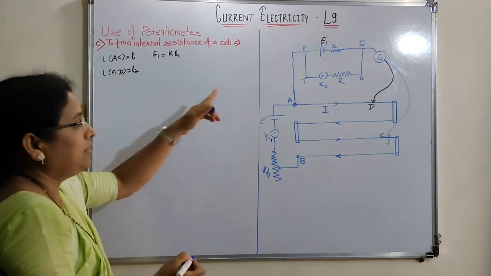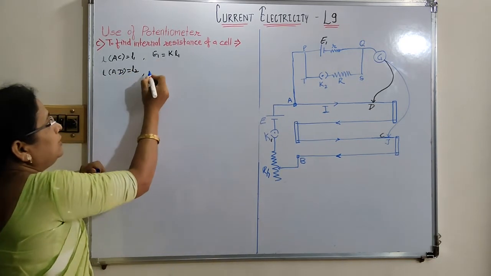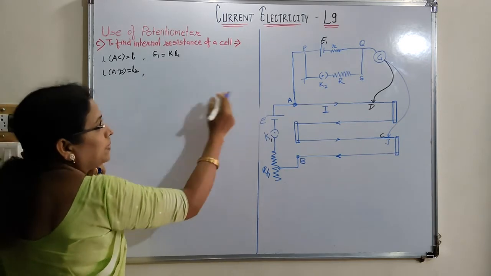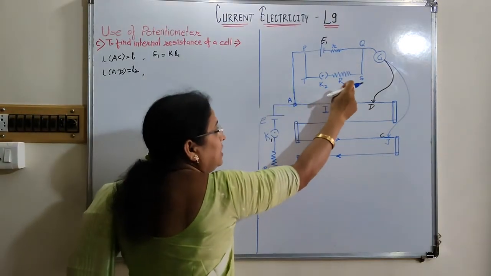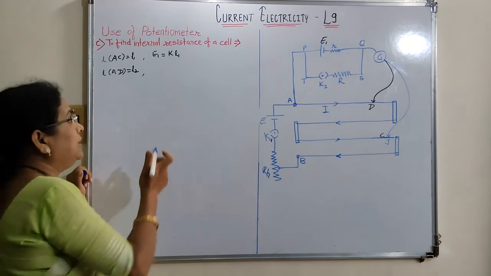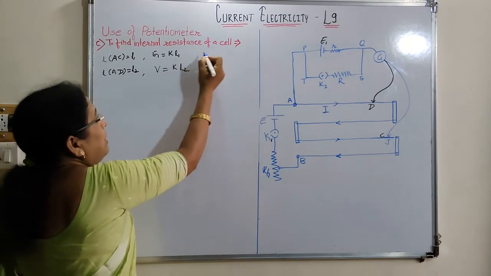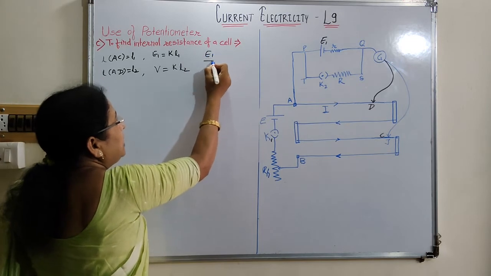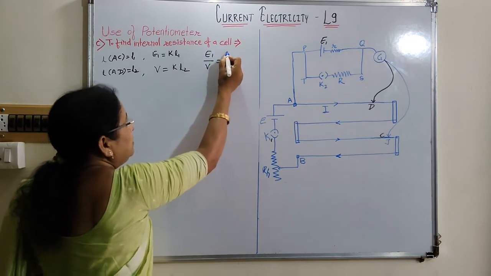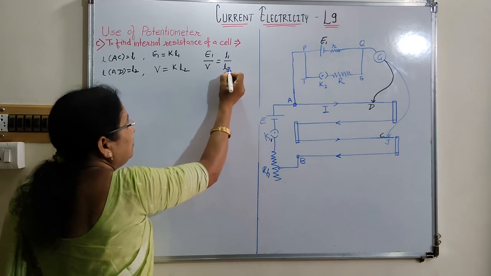Now in that case, by using the principle of potentiometer, suppose V is the voltage now, and therefore V is equal to K into L2. By dividing these two equations, we can say E1 upon V is equal to L1 upon L2.